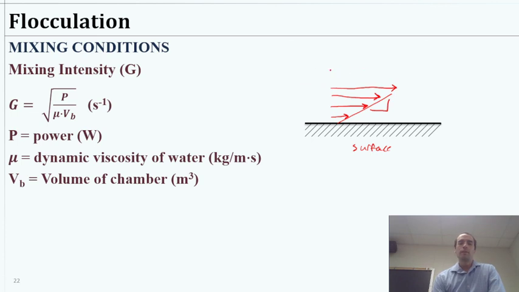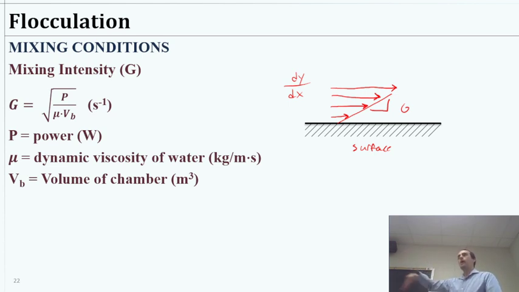Because this would be essentially dv/dy, the rate at which the velocity changes. Don't worry too much about it. What I mean is that this is G. That's the rate at which our velocity is changing as we get further away from an edge.